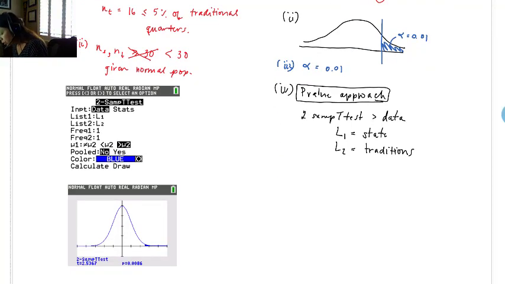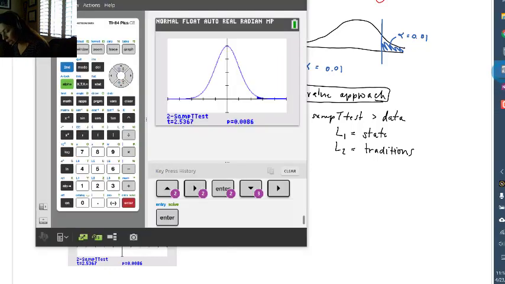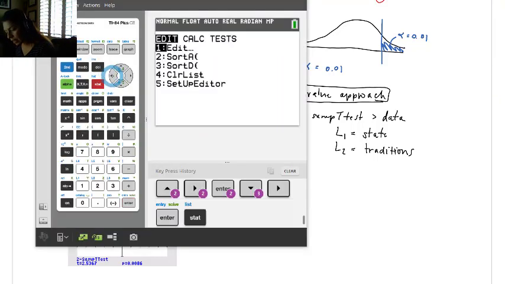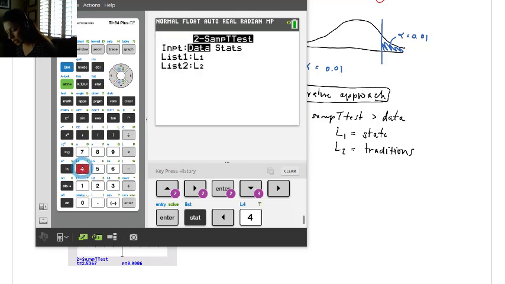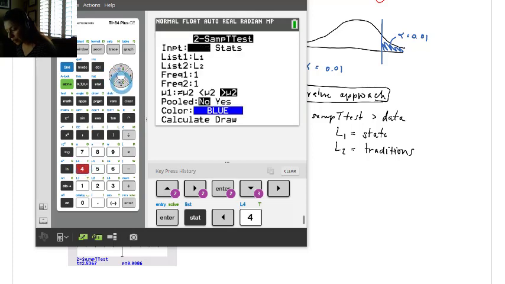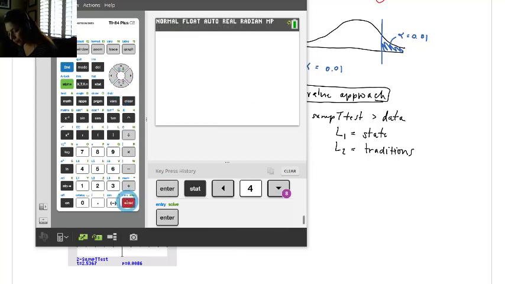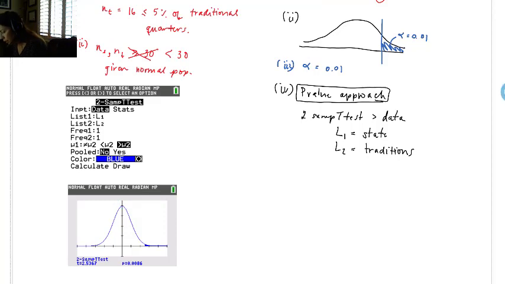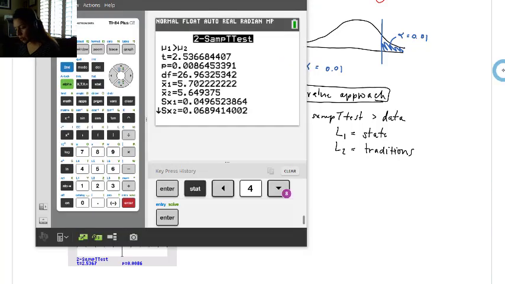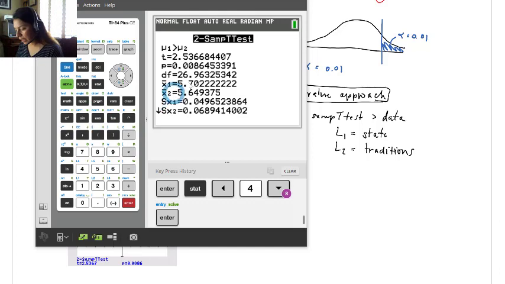And so notice that it gives us the p-value. Now, of course, you can always go back to the calculator and do the stat and the test in the 2-samp t-test, and do calculate, and it gives you that full menu, right? So let's go ahead and go back. So see how it gives us that whole menu once again. So it's up to you.